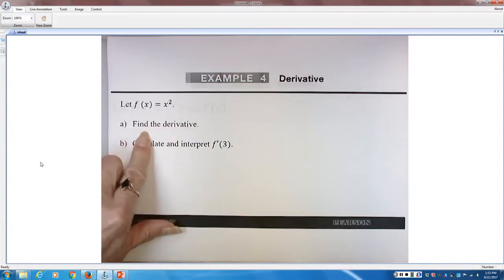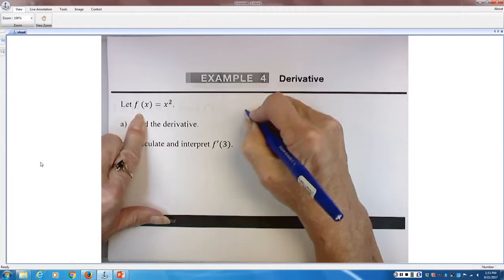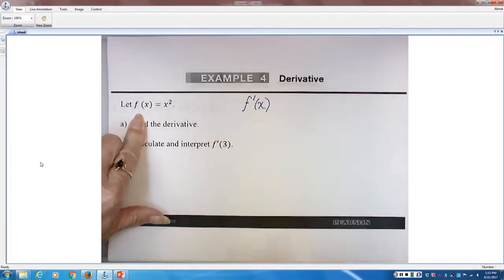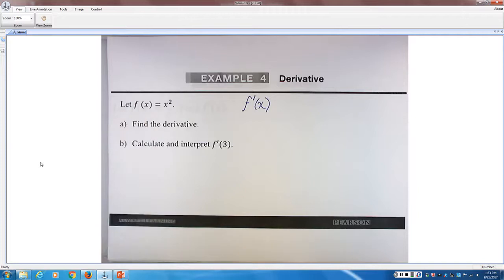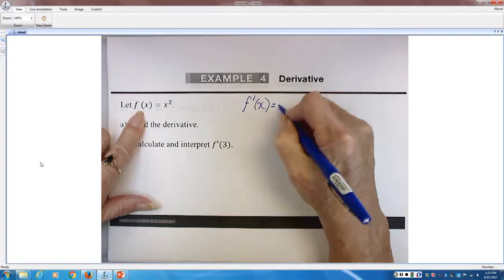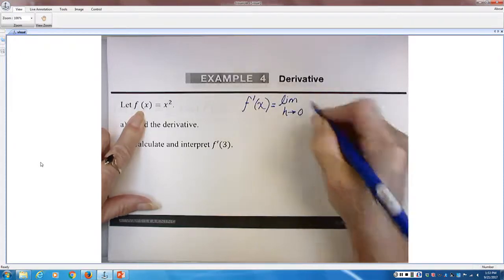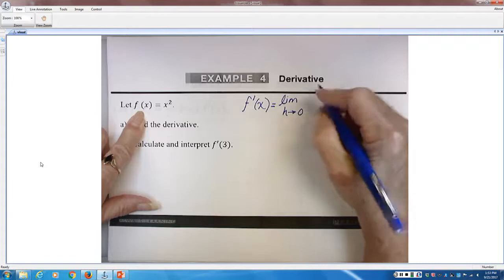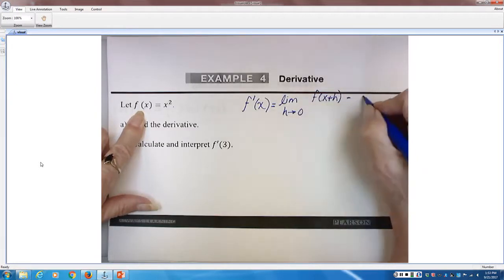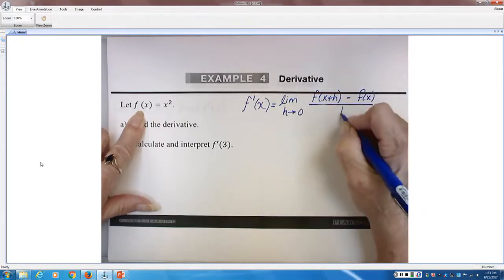We want to find the derivative of that function. And you're going to learn that f prime is the notation for the derivative. That's the notation we're going to use from here on out. F prime of x is defined by the limit as h approaches 0 of f of x plus h minus f of x divided by h.